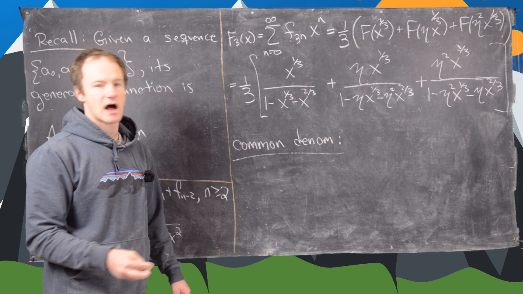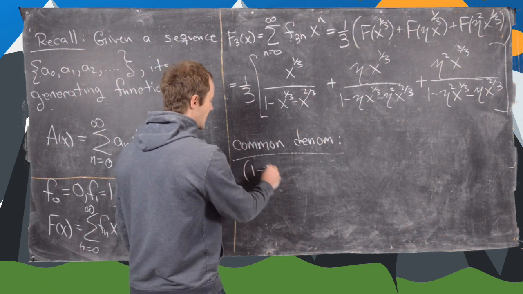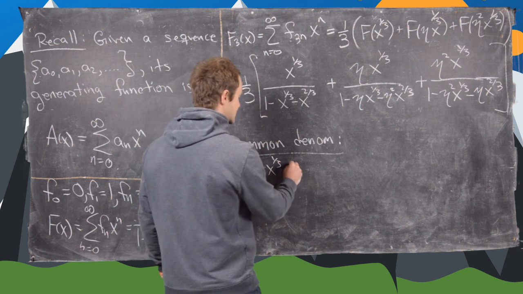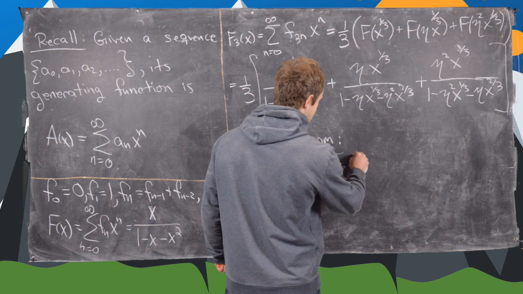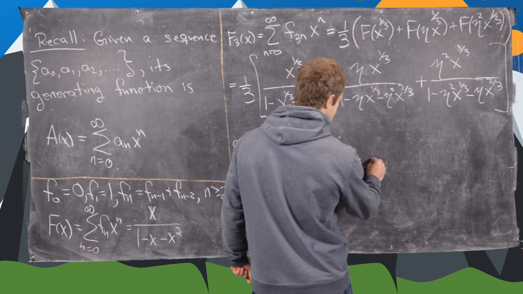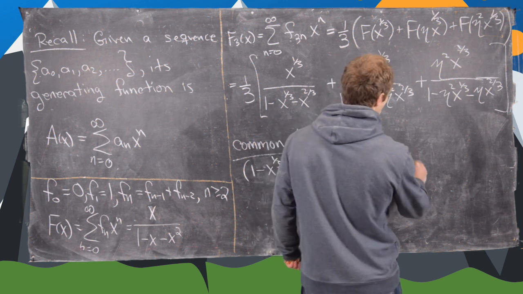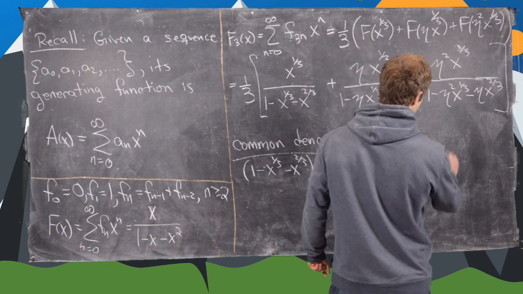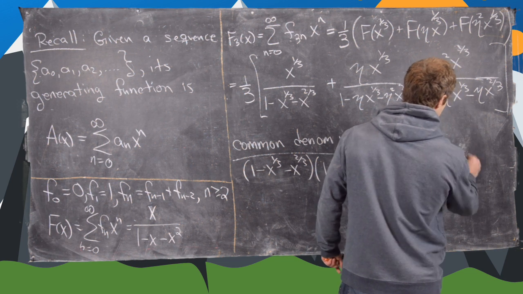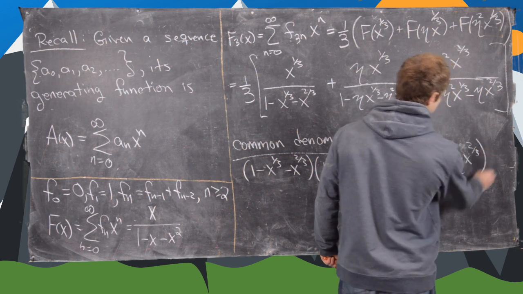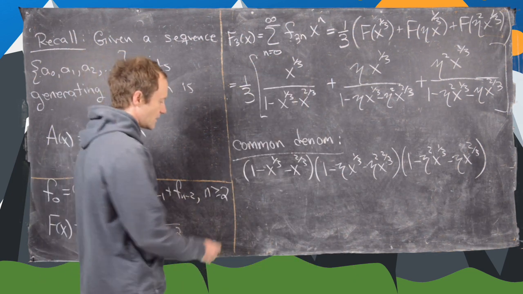Calculating a common denominator, we're just going to take the product of all of these: 1 minus x to the third minus x to the 2/3, 1 minus eta x to the third minus eta squared x to the 2/3, 1 minus eta squared x to the third minus eta x to the 2/3. Good.